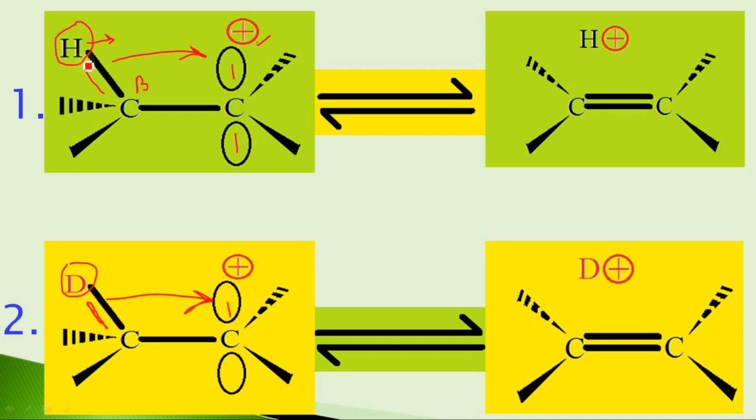The answer is, the lighter CH bond breaks faster and creates an effective hyperconjugation, whereas the CD bond can also do hyperconjugation, but it breaks slowly, so it contributes less to the stability of the developing or developed carbocation.